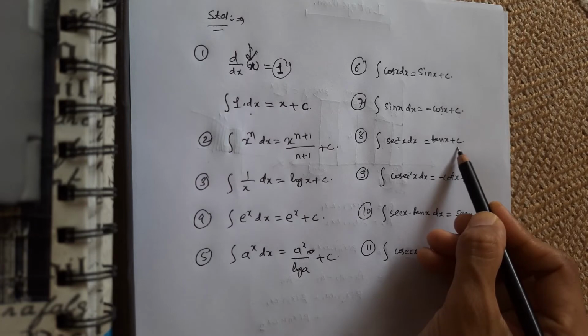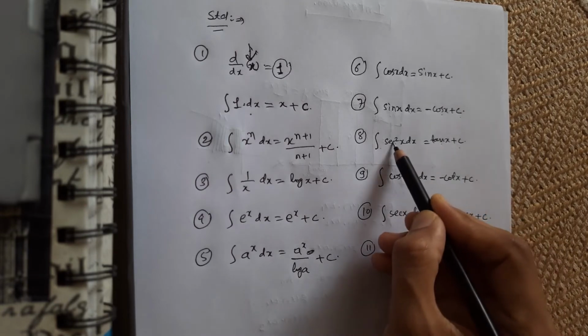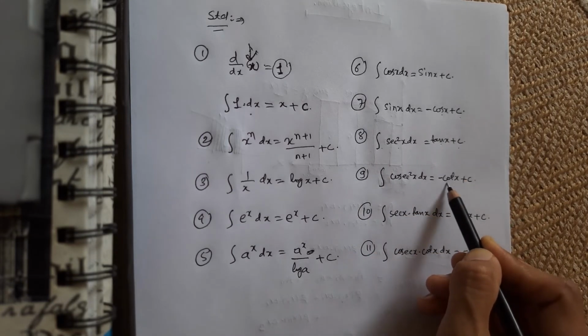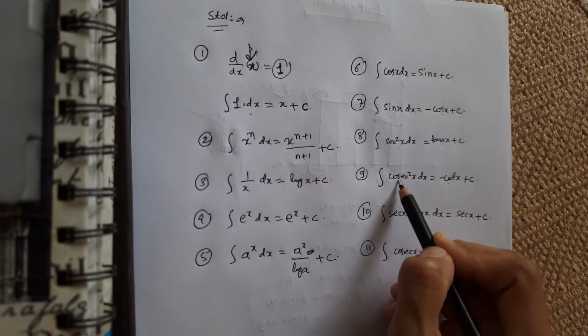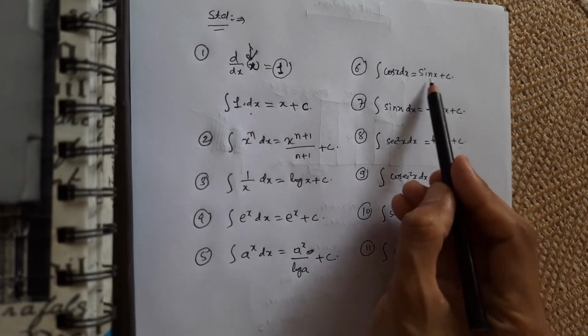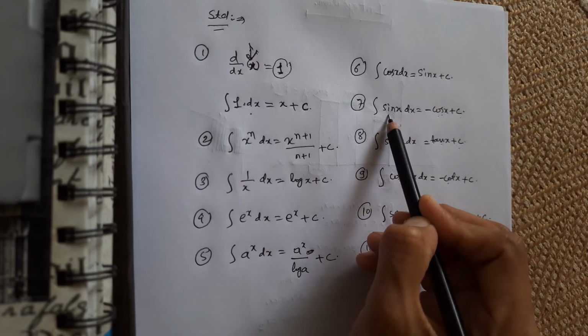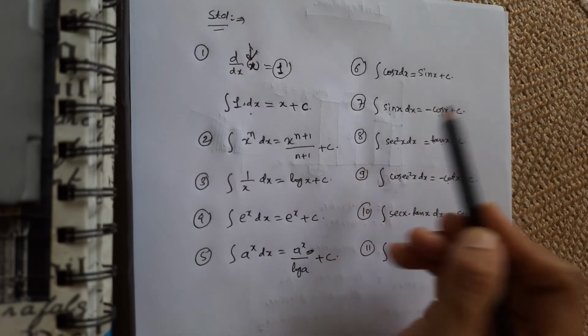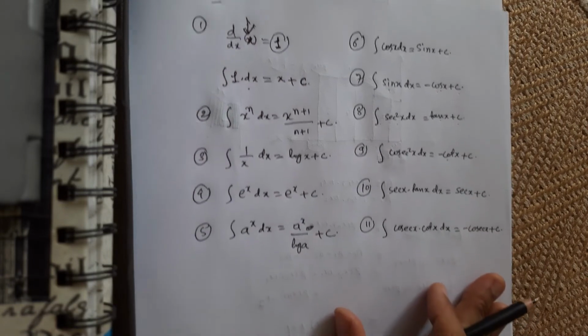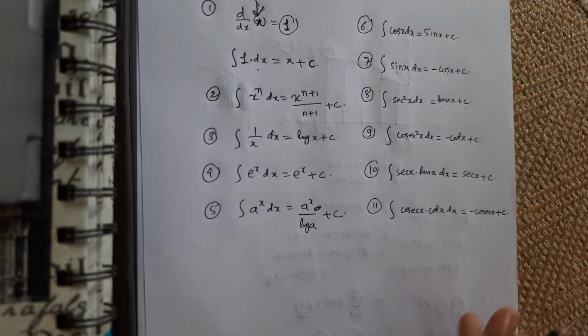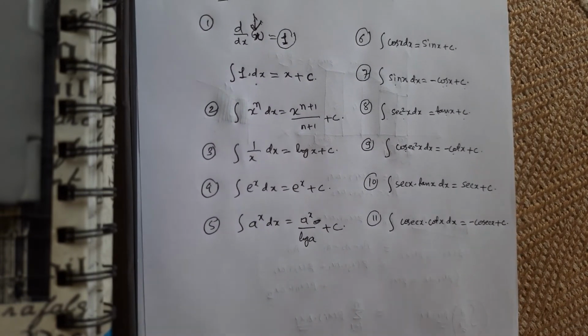If you observe, you know that derivative of tan x is sec square x, derivative of cot x is minus cosec square x, derivative of sin x is cos x, derivative of cos x is minus sin x, right? So that's how we are getting it. So these are the standard formulas that we should know. You need to learn it by heart.